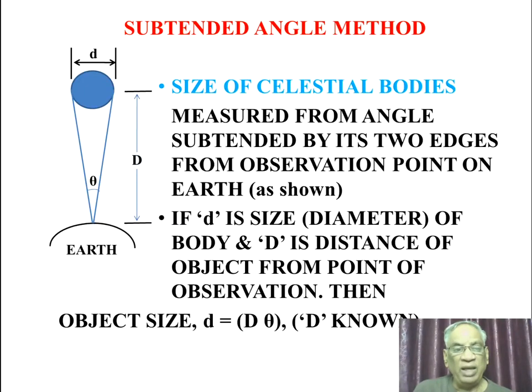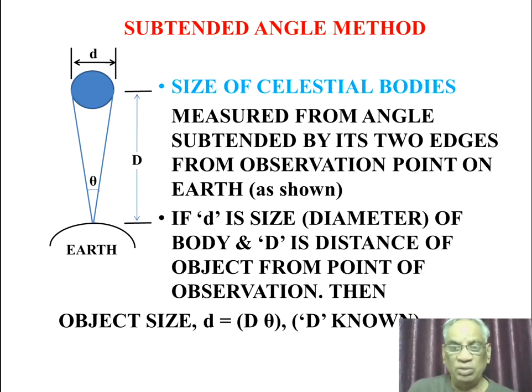Theta is the angle subtended by the body at the point of observation on the Earth, as shown in the figure. Capital D is the distance from the celestial body to the point of observation, which is already known. In the next slide we will see how to measure that. So the size of the object can be estimated in this way. This is one indirect method.